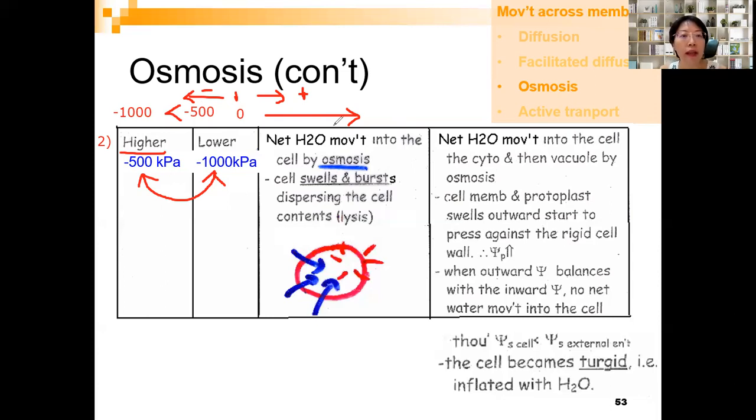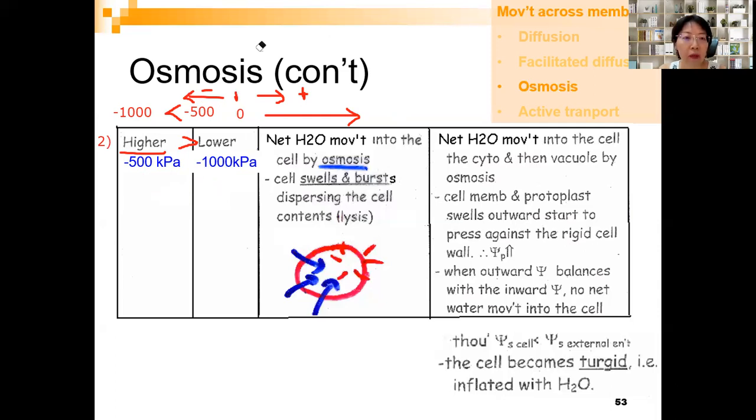So now the external fluid has got higher water potential than the internal fluid. So in which direction will the water molecules be moving, Joyce? Into the cell. So there is a net water movement into the cell, right?